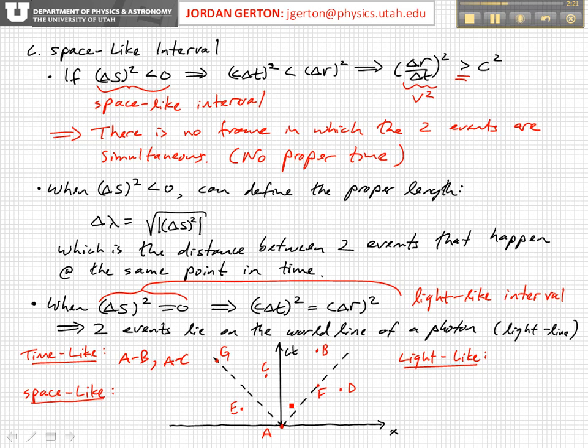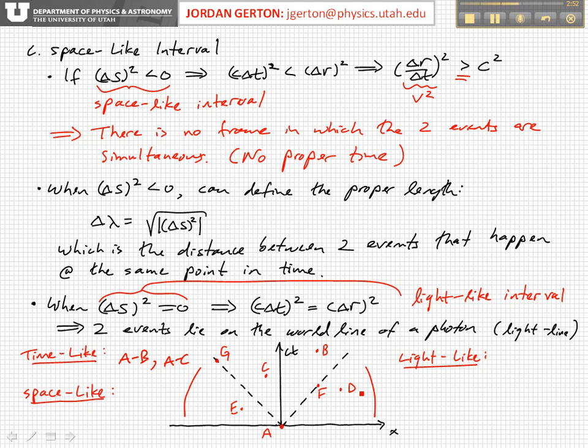Now space-like intervals are those events which happen outside the light cone. Remember, any world line which has a slope of less than 45 degrees, in this region here, is superluminal. The world lines which connect those two events have speeds faster than the speed of light.